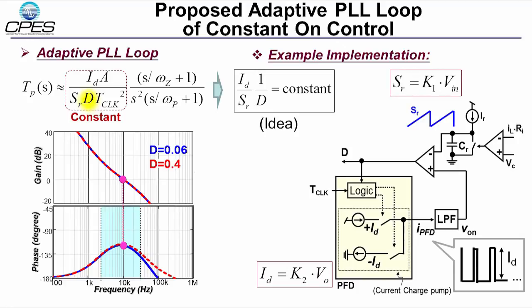In the example implementation, the magnitude of the internal current charge pump of the IPFD is controlled by VL feed-forward through a simple current mirror with K1 gain, while SR is adjusted by Vin feed-forward through an RC network tied to Vin.